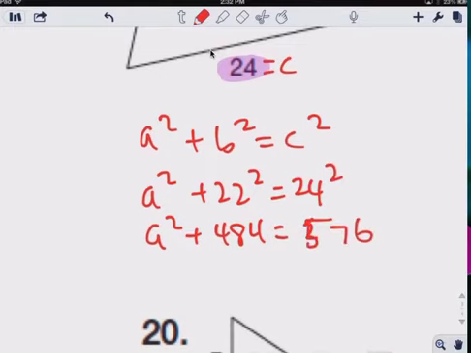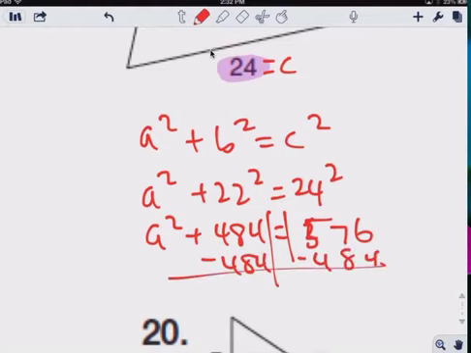Okay, you subtract 484, subtract 484. 576 minus 484 is 92, a squared equals 92.